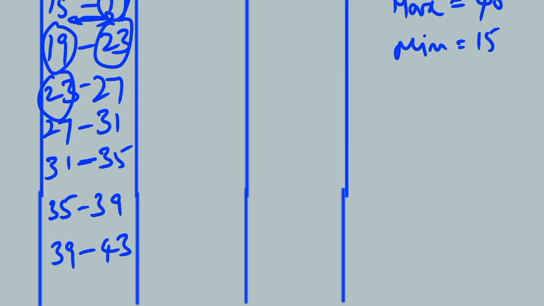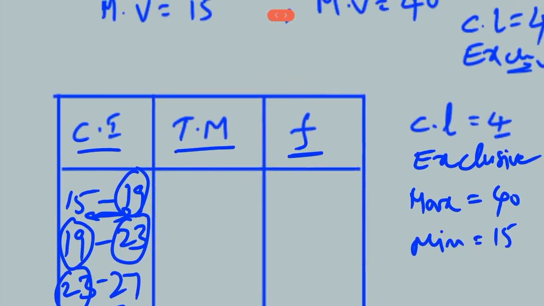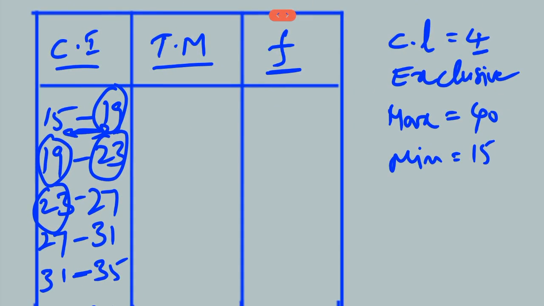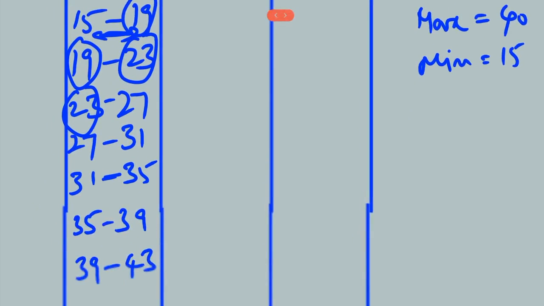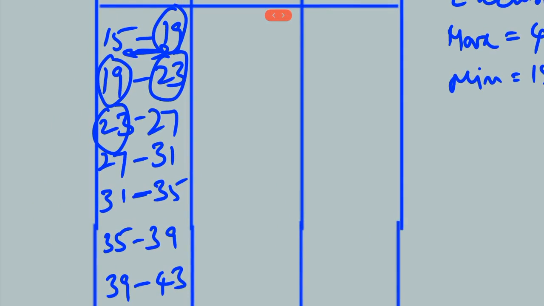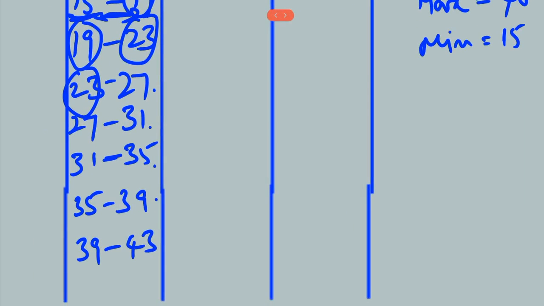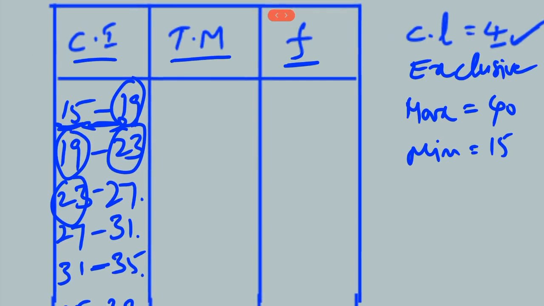Here the number of class intervals is not needed, because in the question they said the class length must be 4. So we can't decide the number of class intervals, they decided already. Finally, how many class intervals did we get? 1, 2, 3, 4, 5, 6, 7 class intervals. The minimum value 15 and maximum value 40 are both covered in these class intervals, which is very important.